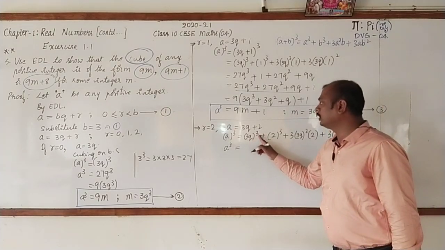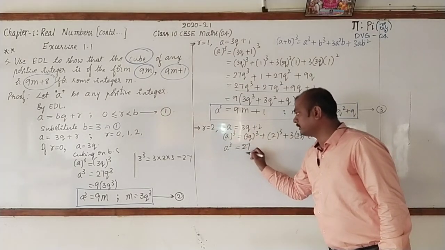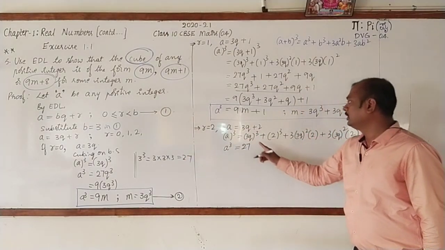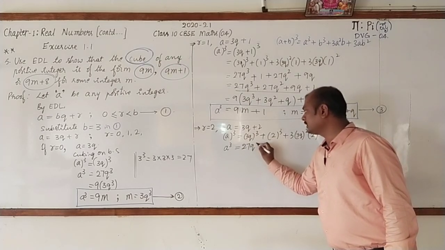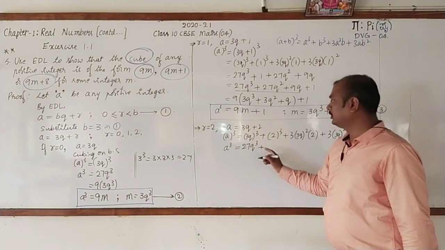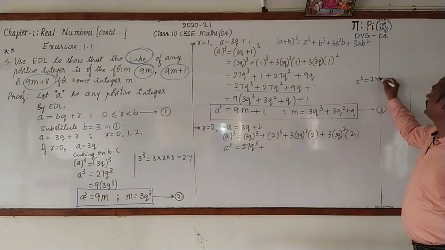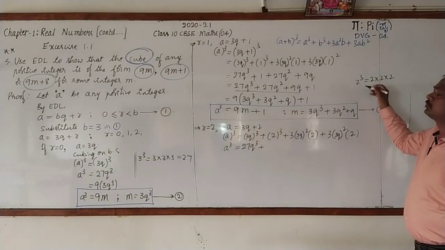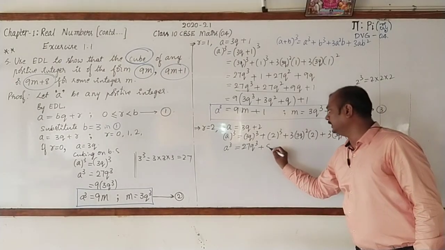Now 3q whole cube. Apply cube to both. 3 cube is 27. I have already shown that. q whole to the power 3 is q raised to the power 3. Plus, what is 2 cube? 2 cube equal to 2 into 2 into 2. 2 should be multiplied 3 times. 2 2s are 4. 4 2s are 8.